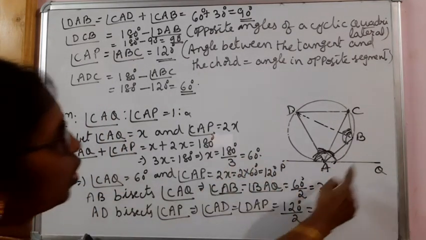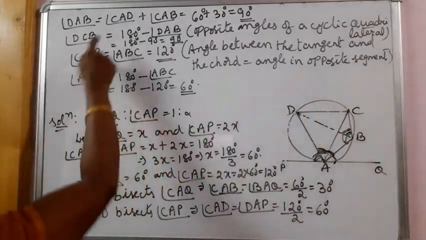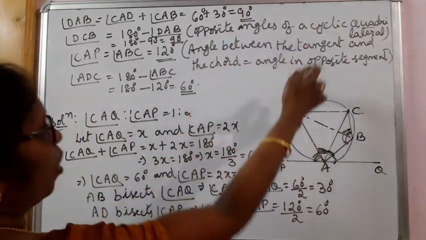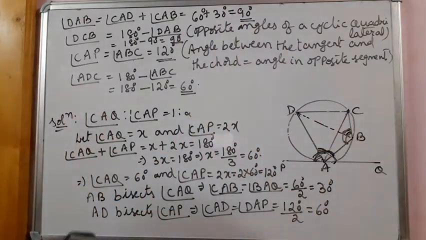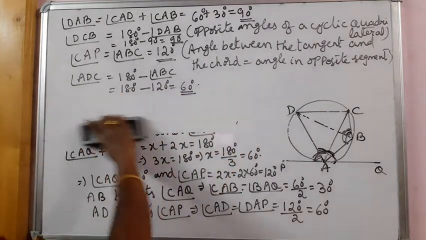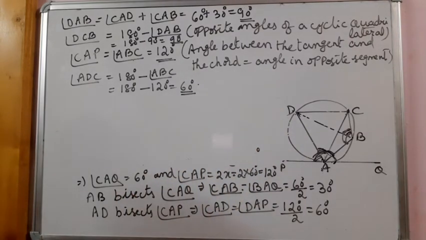Now we have to show that BD is the diameter of the circle. Already we know angle BAD, or DAB, is 90 degrees. That means that is the angle in a semicircle. So let me write here what is asked very clearly.